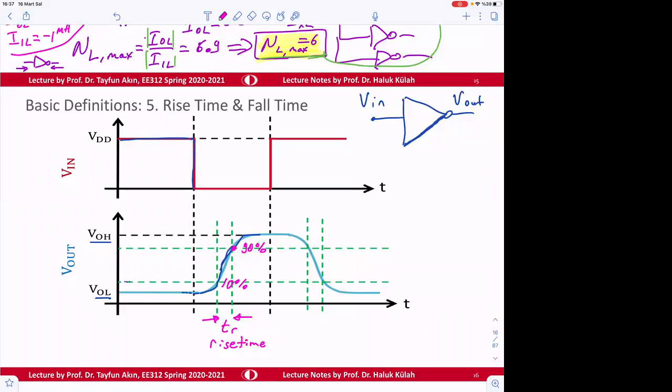Okay, so what is 10%? 10% is the 10% of the swing. Therefore, if you want to calculate this voltage, that voltage is equal to the output low plus 0.1 of how much? V output high minus V output low.